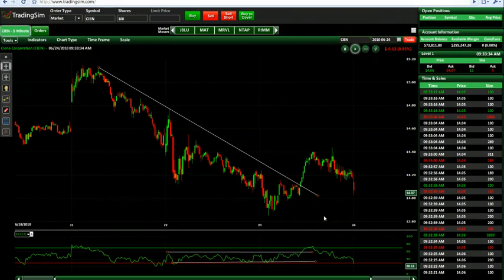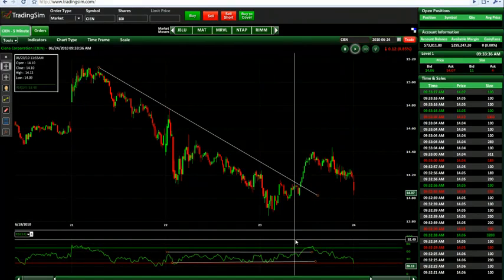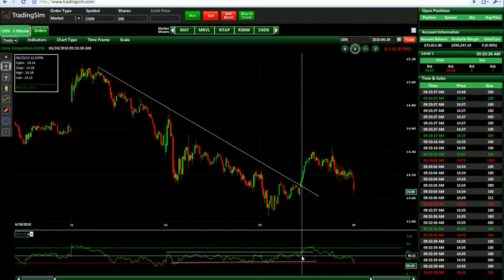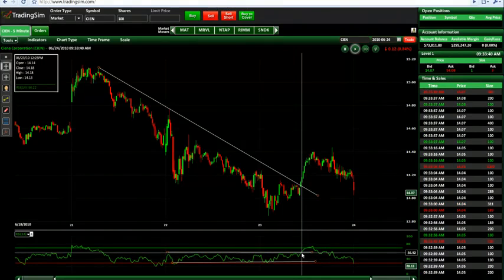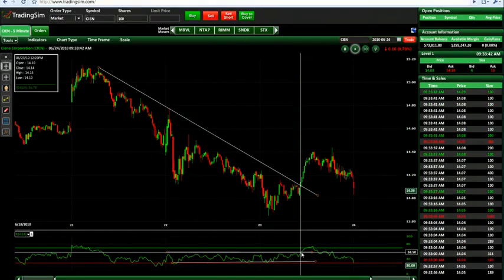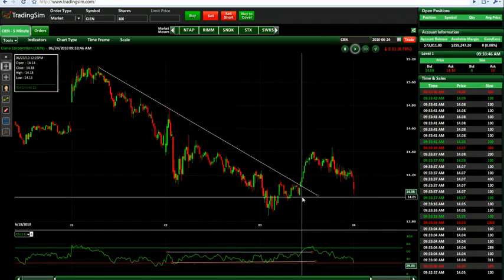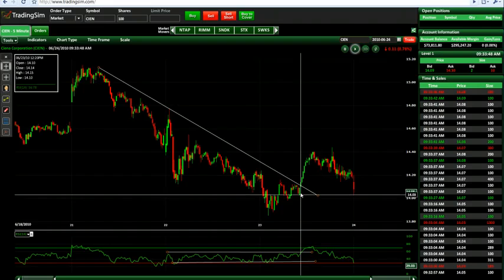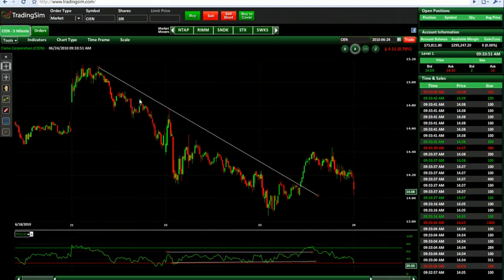So what you want to look for in this example is a breakout of the RSI over this horizontal trend line that you've drawn here directly in the chart. That coincides with the breakout of price across a trend line drawn across the price action.